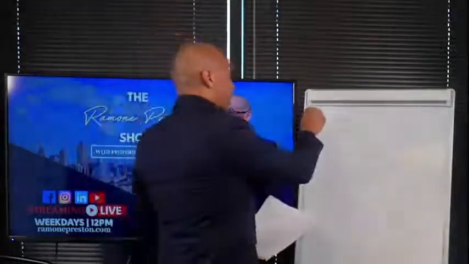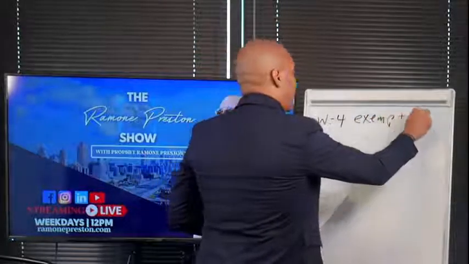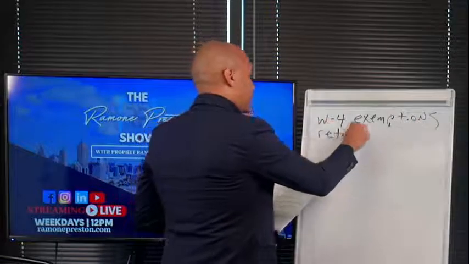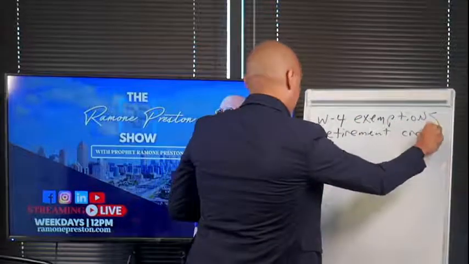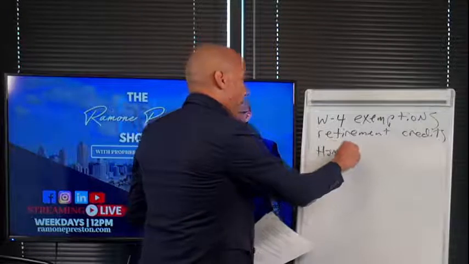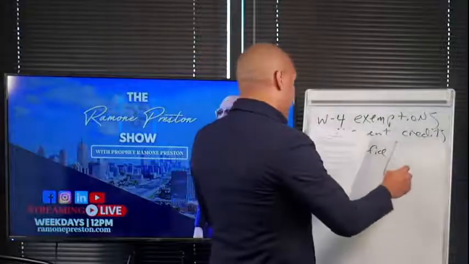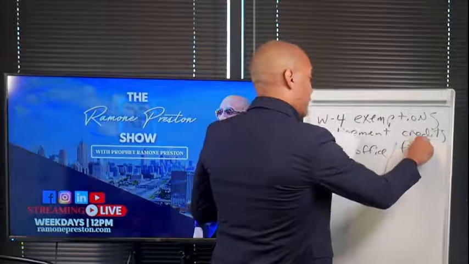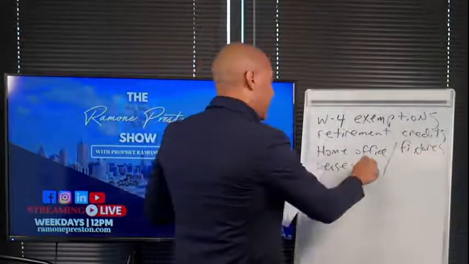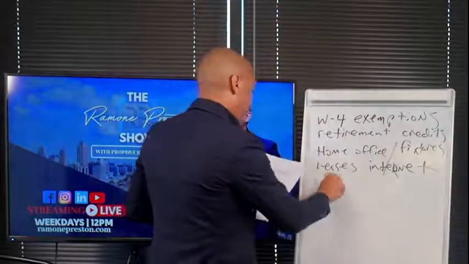Here's one. As a W-2 employee, you can use your W-4 exemptions. That's how you can lower your tax bill on that. You can use retirement credits. Man, there's so many on here. You could use your home office, certain fixtures, leases. You could use internet, your phone.